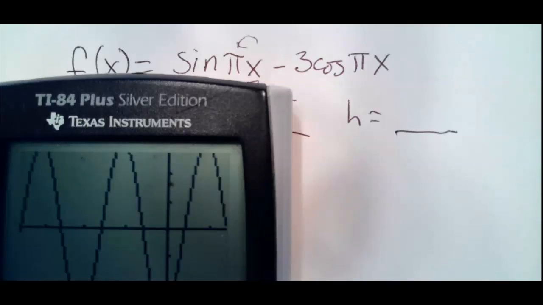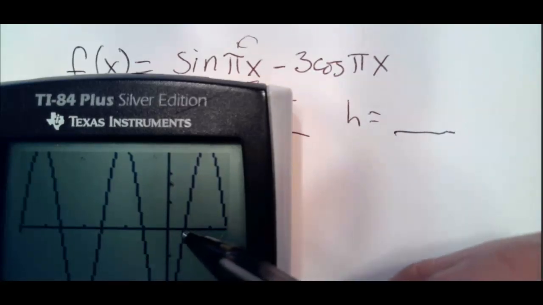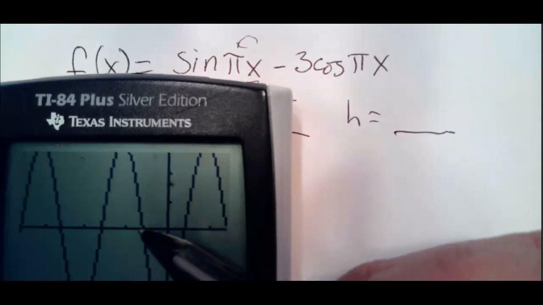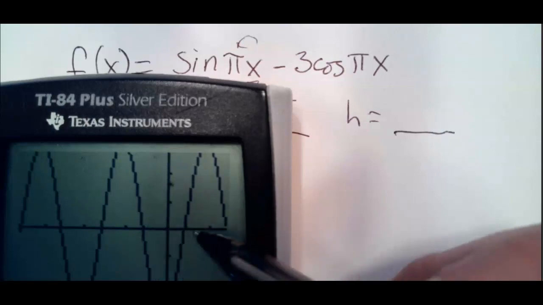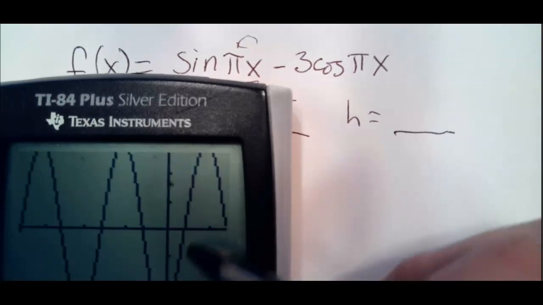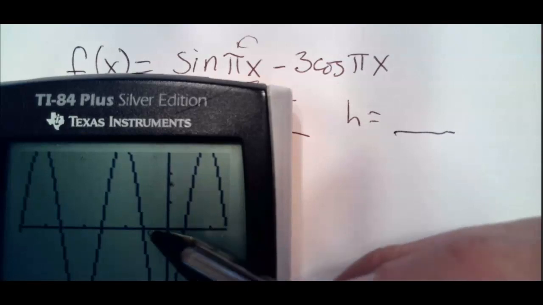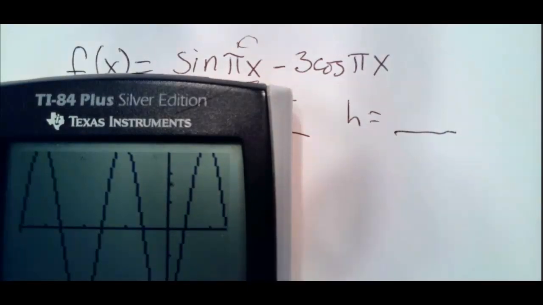Now you can tell it's pretty obvious that on our curve, this point is closer to the center than this point for our phase shift left and right. Now let's say, what if it's not, or we can't tell? Then you'll use the trace button to see which one it's closer to.